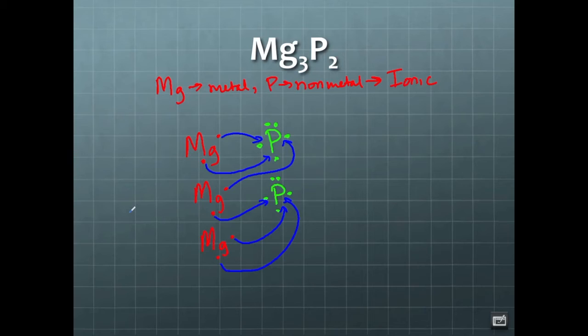So now we've got to draw out our final result. So my Mg, each of them lost 2 electrons, which gives it a +2 charge. We've got 3 of them, so we've got to write it out 3 times. And so now my phosphorus, each of them has picked up 3 electrons so that it has 8.